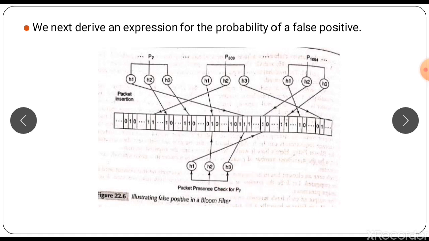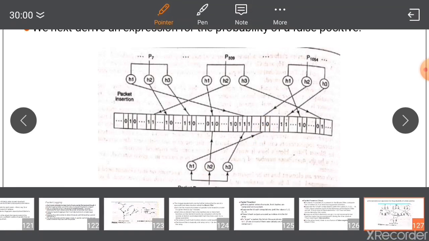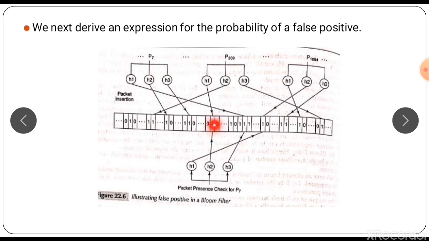First it will compute H1 on P7, H2 on P7 and H3 on P7, and it will look to see if the corresponding bits in the Bloom filter are set. H1 of P7 will yield this index, so it will check whether that bit is set. Similarly, H2 of P7 will yield this particular position, so it will check whether that bit is set. Similarly, H3 of P7.